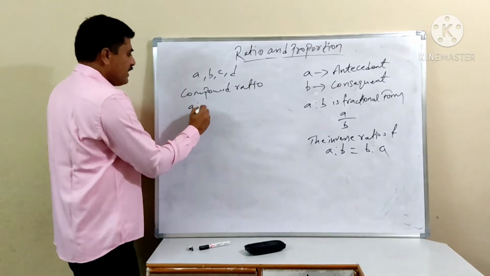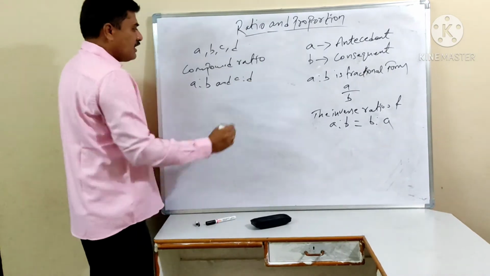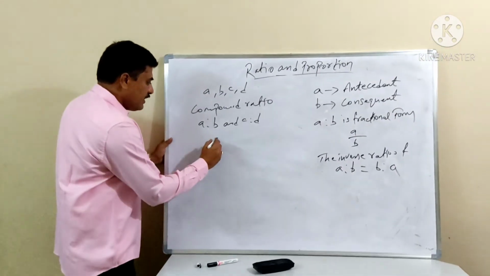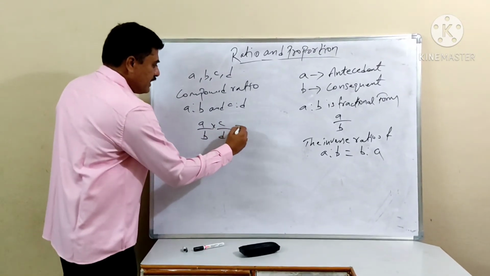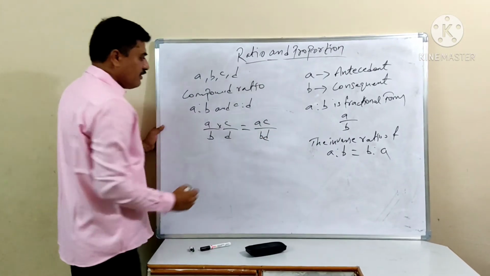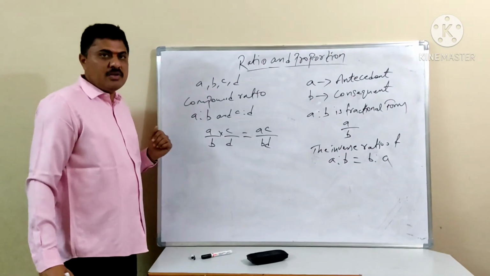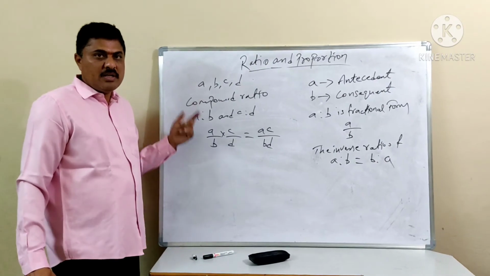So A is to B and C is to D. The compound ratio of A is to B and C is to D is given by, written in fractional form, A by B into C by D, that is AC by BD. This is the formula which we can use for finding compound ratio. I hope my students understood what is ratio and what is compound ratio.